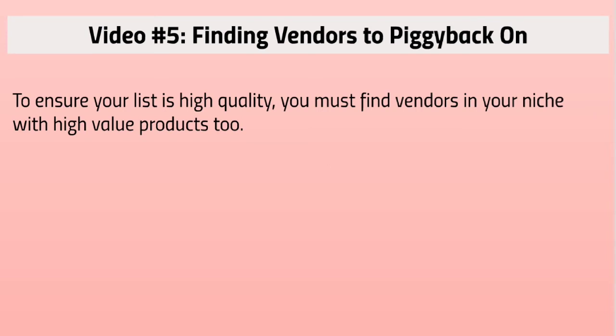But if they're building a subscriber list or customer list filled with people who are demanding, who want to pay less but demand more, then you're going to end up building a list of people like that. A lot of times we don't think about the psychology behind building a list. It's just about building a massive list.